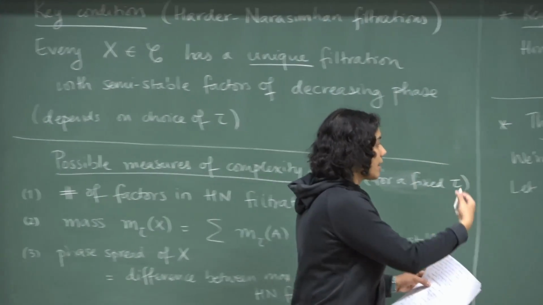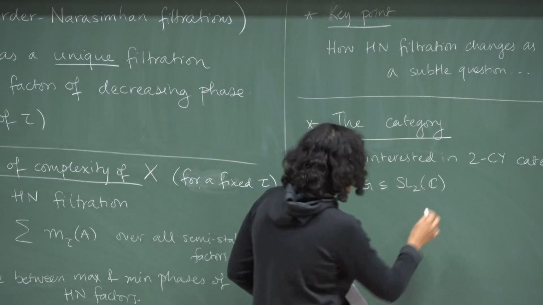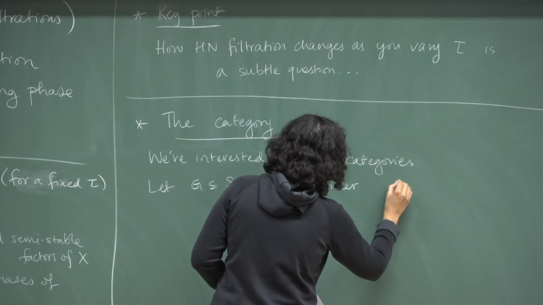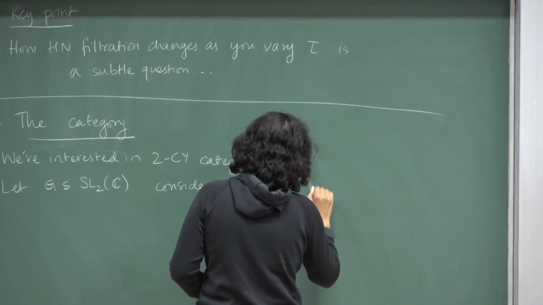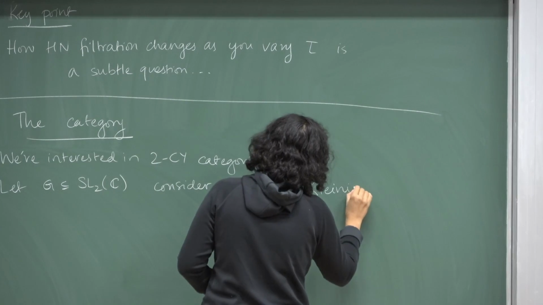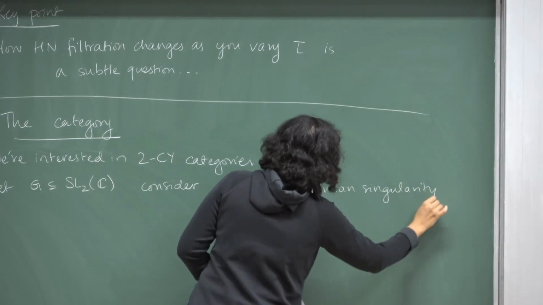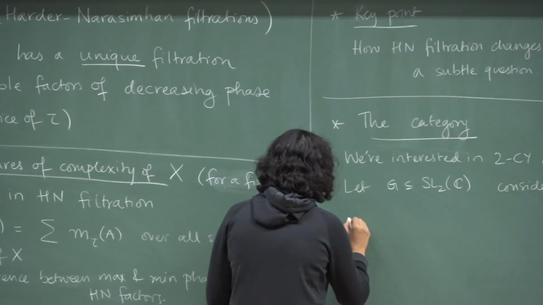You might know that in this setup, you have what's called a Kleinian or Du Val singularity. So we consider C2 mod G, the associated Kleinian singularity. We also have its minimal resolution.